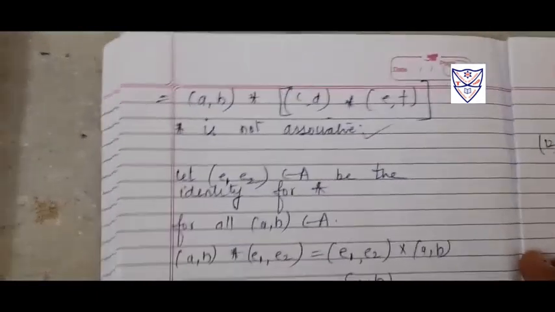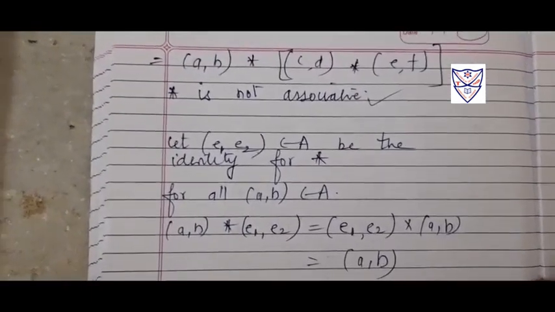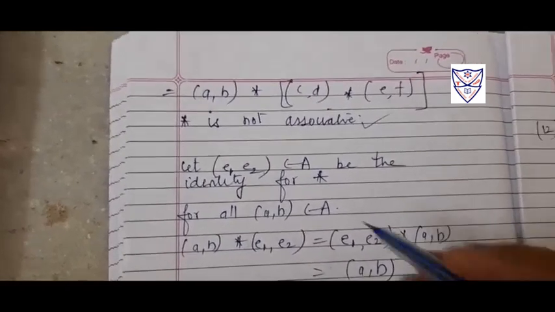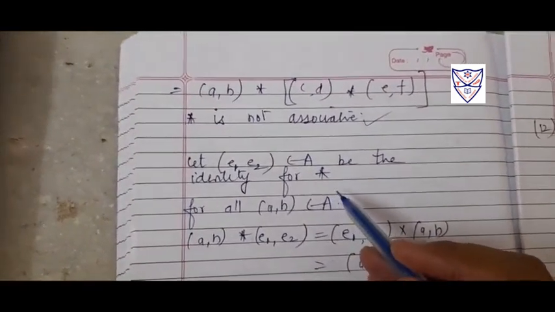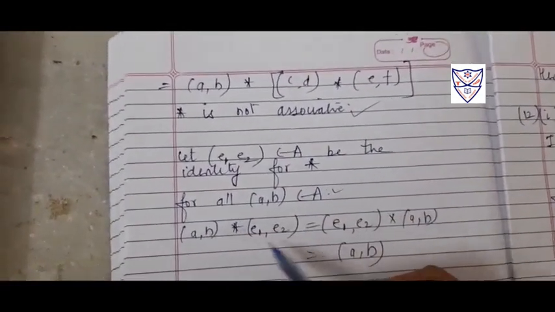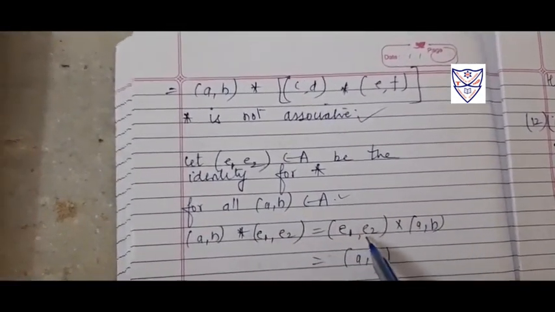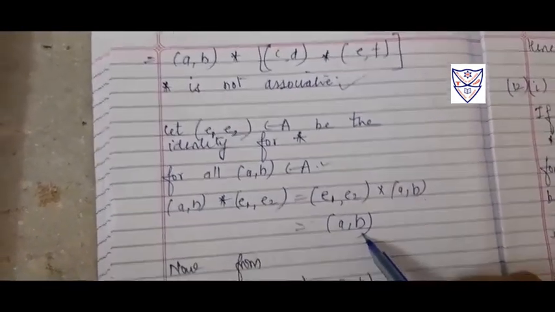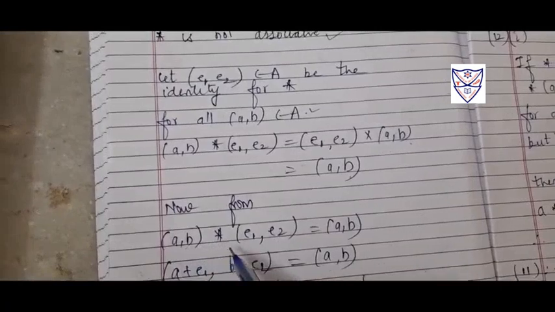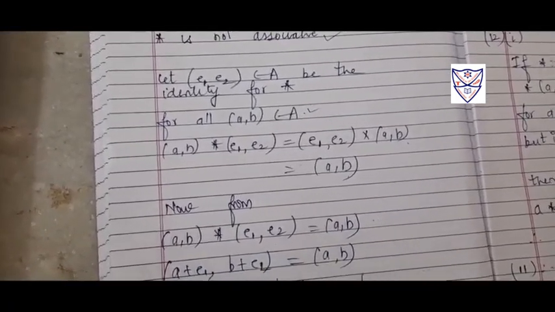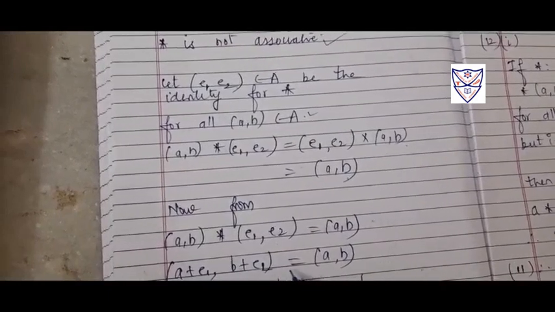Okay. Now we'll check if (E1, E2), an ordered pair which belongs to set A, is an identity for binary for all (a, b) belongs to A, then (E1, E2) binary with (a, b) is (a, b). Now (a, b) binary with (E1, E2) is (a, b). That is (a plus E1, b plus E2) is (a, b).